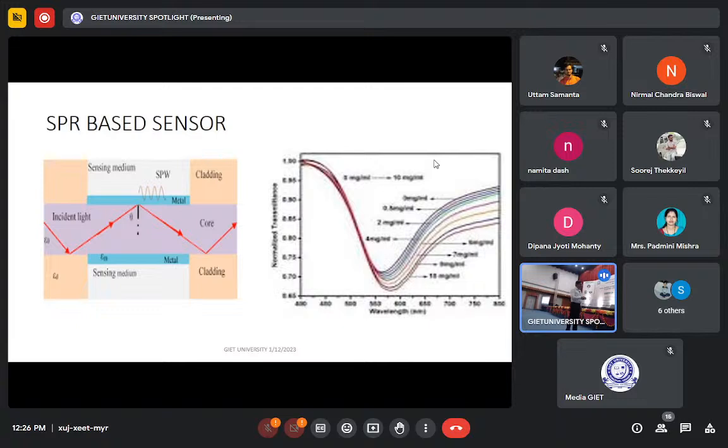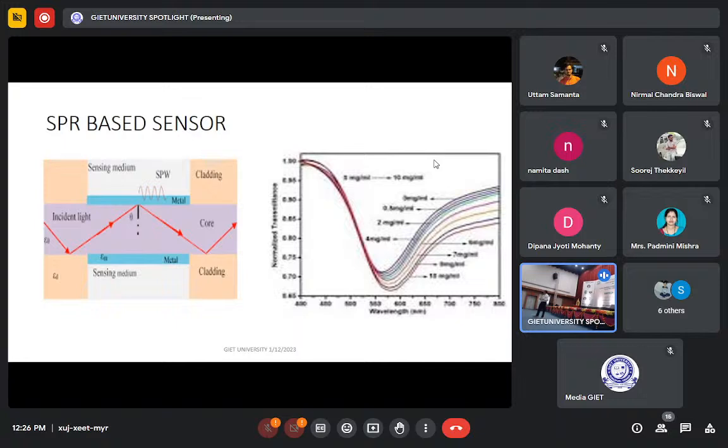So when you shine a light into this optical fiber, and some condition is satisfied, that means when the frequency of this plasmon wave matches the frequency of the incident light wave, then a resonance takes place. This is called surface plasmon resonance.